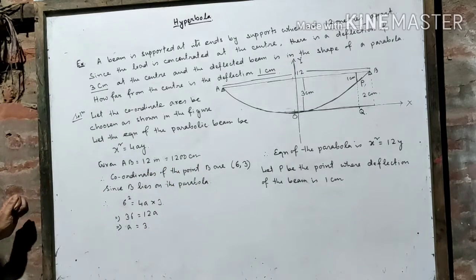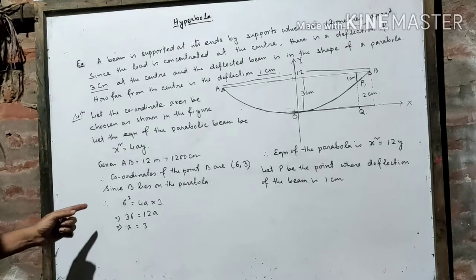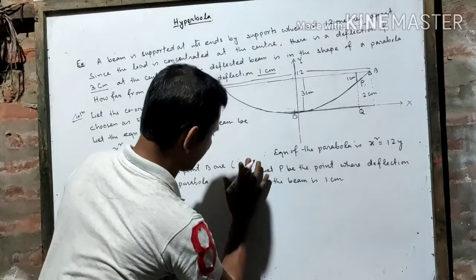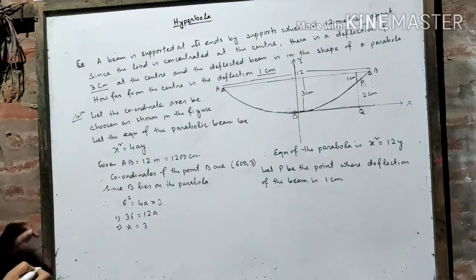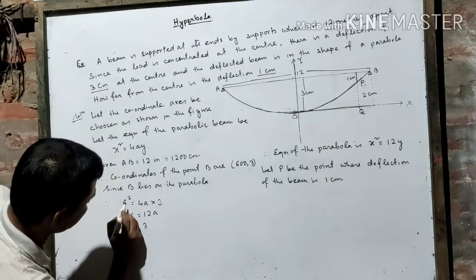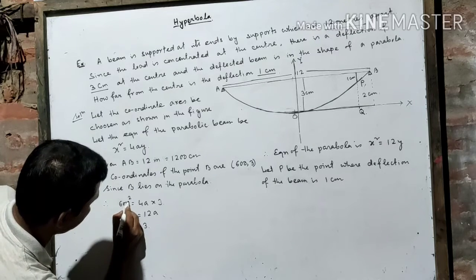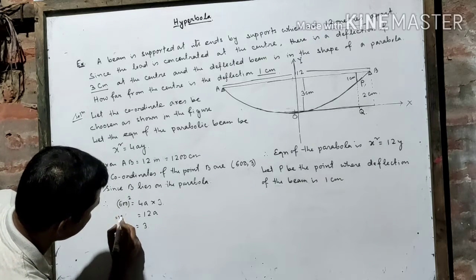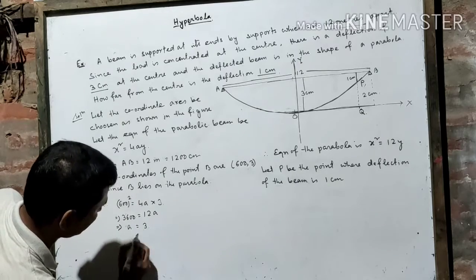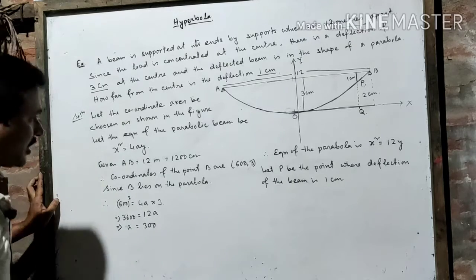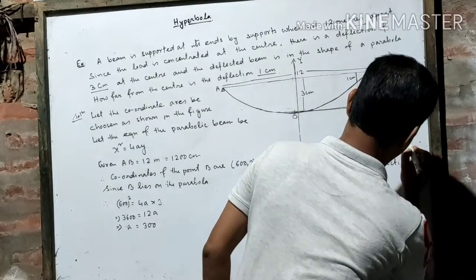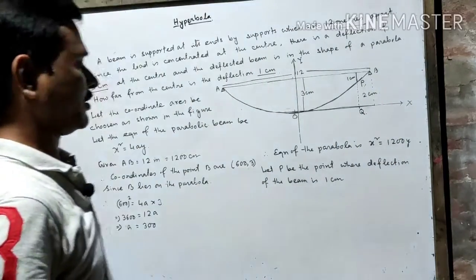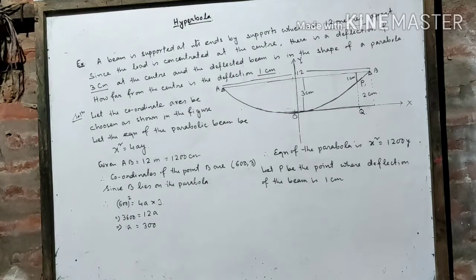Okay. So coordinates of B is not 6, 3, it will be 600, 3. So 600 square, that means 360000, is equal to 4a into 3, so this will be 1200y. Okay, centimeter is taken as 1 unit.